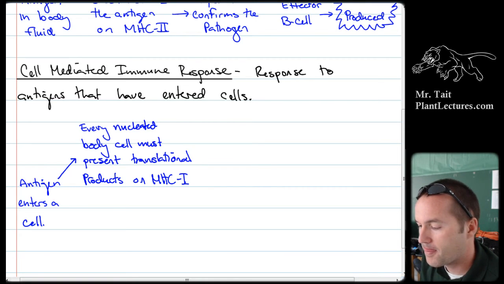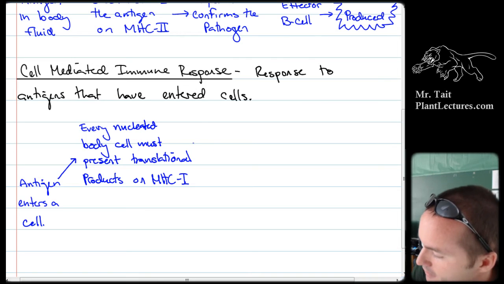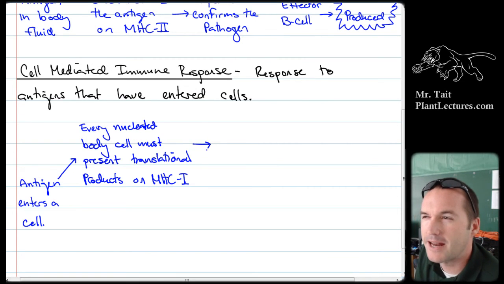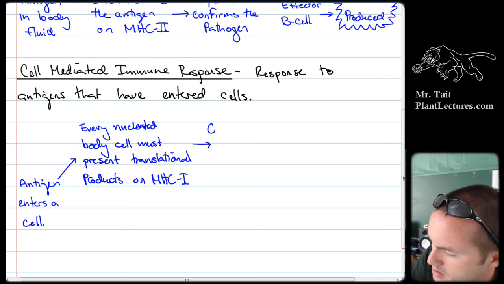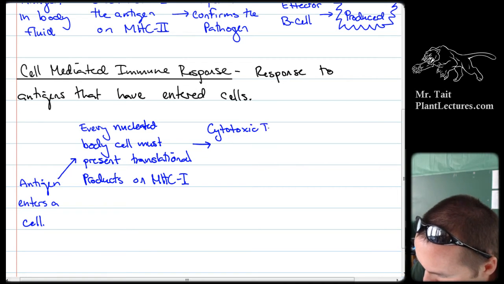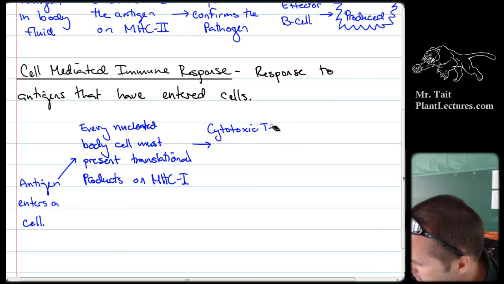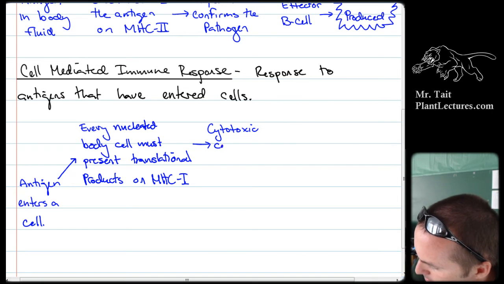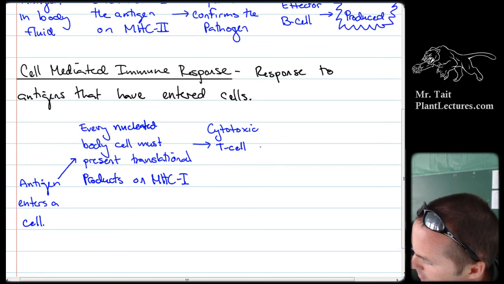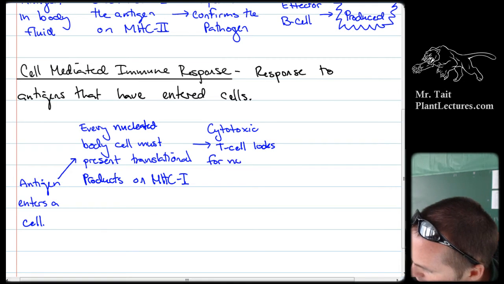If a cell is producing viral proteins, then a cytotoxic T cell, which is the type of cell that's going to be involved here, looks for non-self proteins.